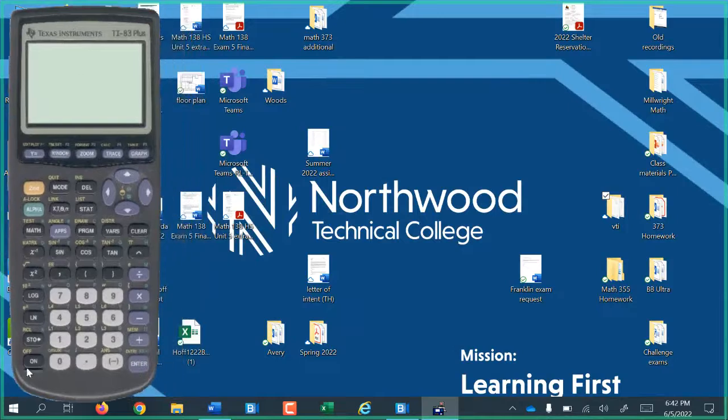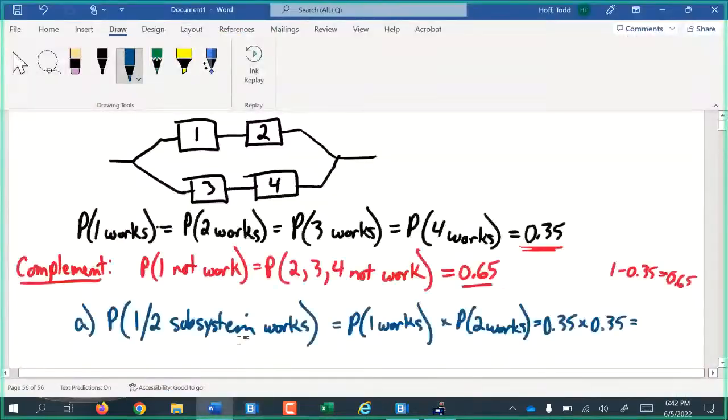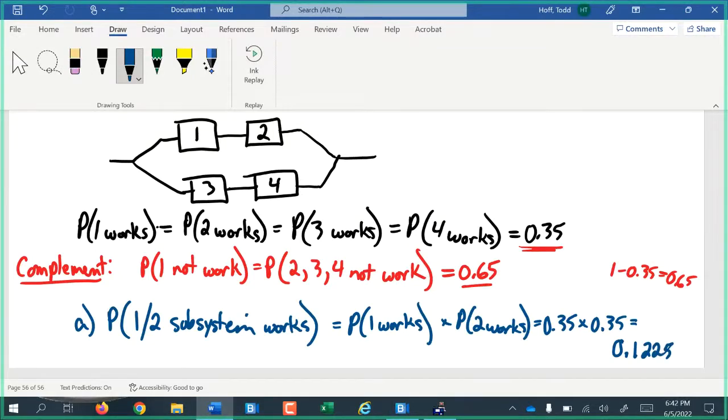So 0.35 times 0.35. It is 0.1225. So that is the probability that that top subsystem works. The 1-2 branch of that subsystem works, 0.1225.